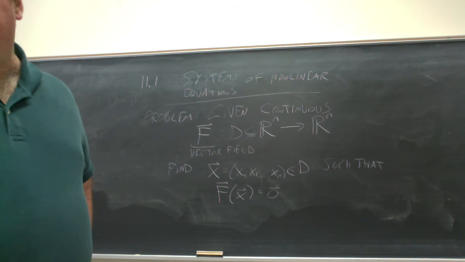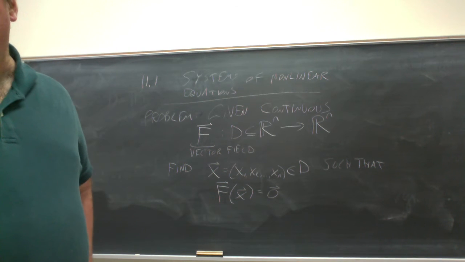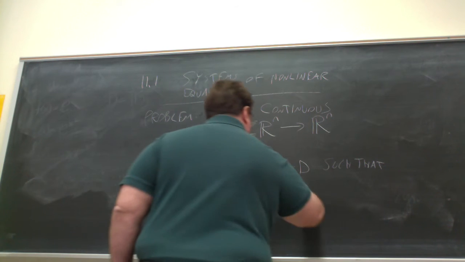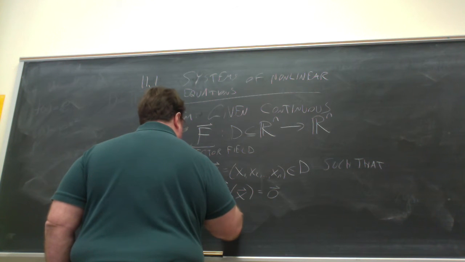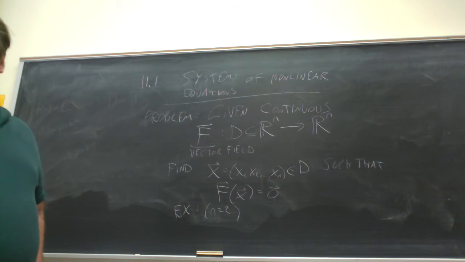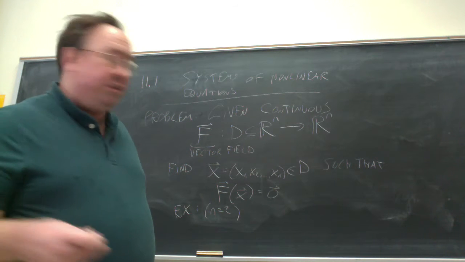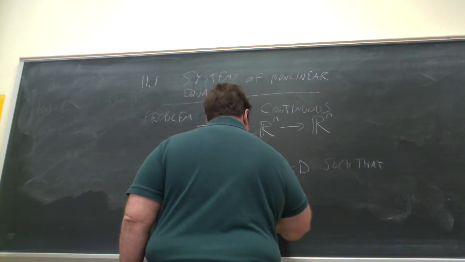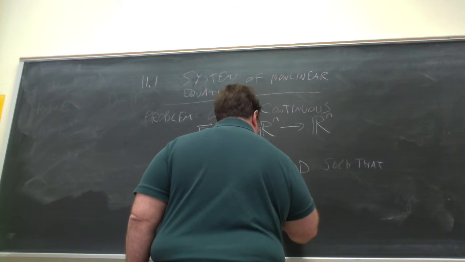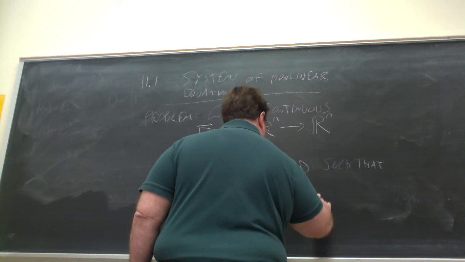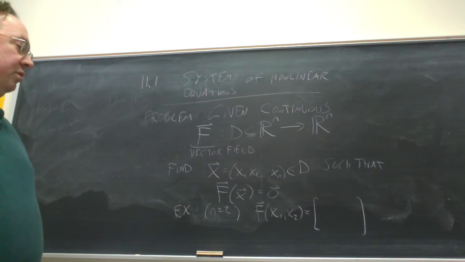I was thinking, I know I have an example of this kind of problem. It was just a little later in the section than it should be. So that's an example in the case where n is equal to 2, so two equations and two unknowns. Actually, f of x1 and x2 would be a vector consisting of two components.